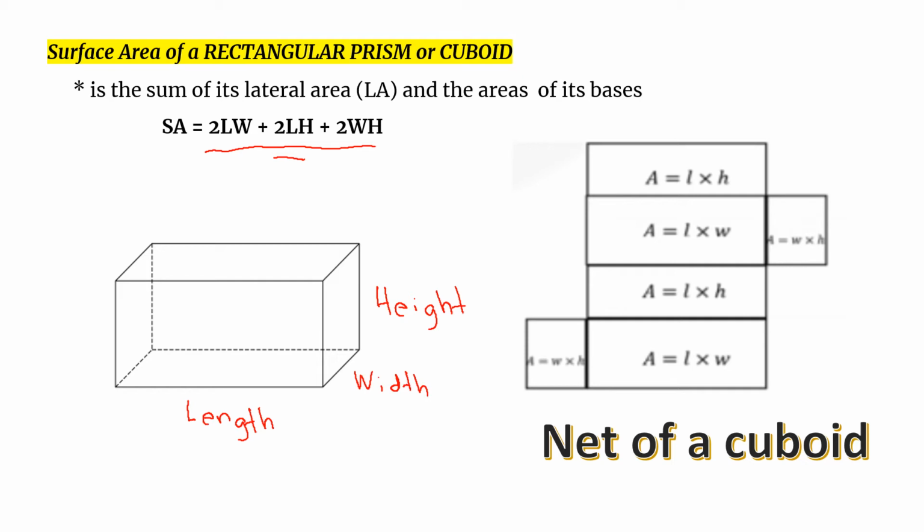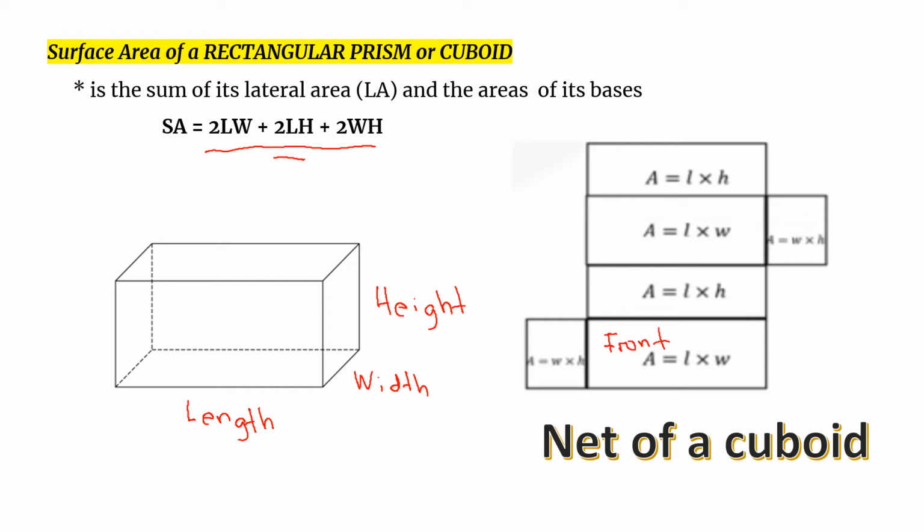Now, tingnan muna natin itong net of a cuboid. Kapag binuka natin itong box, makikita nyo, meron tayong 6 different sizes of rectangle here. Merong magkatulad na dalawa, tapos tatlong magkakaibang sukat. So let us analyze. If you look at this net, ito yung front of a box natin.